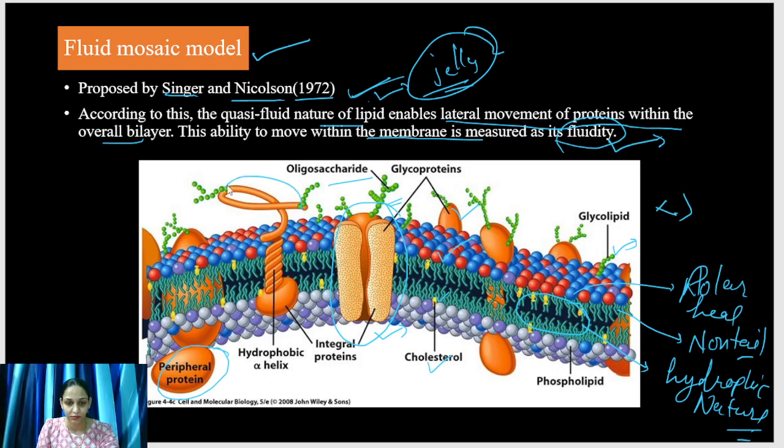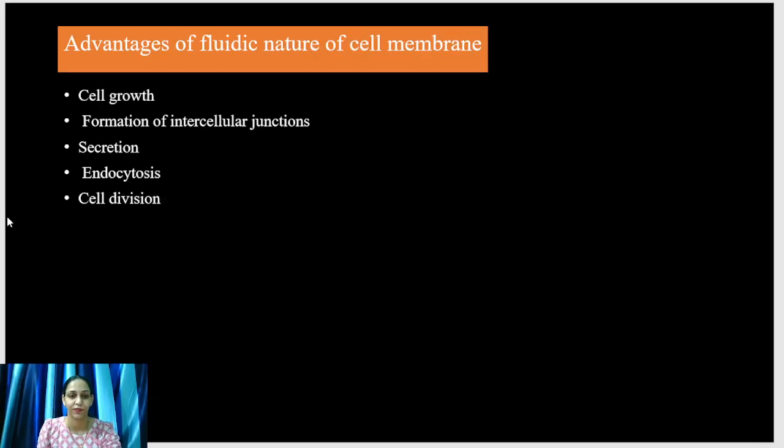These are the structure of proteins. So next, advantages of the fluidic nature of cell membrane. These are, we can say, these are the function of cell membrane. But what are the advantages of fluidic nature? Because of fluidic nature, these all the functions are possible.